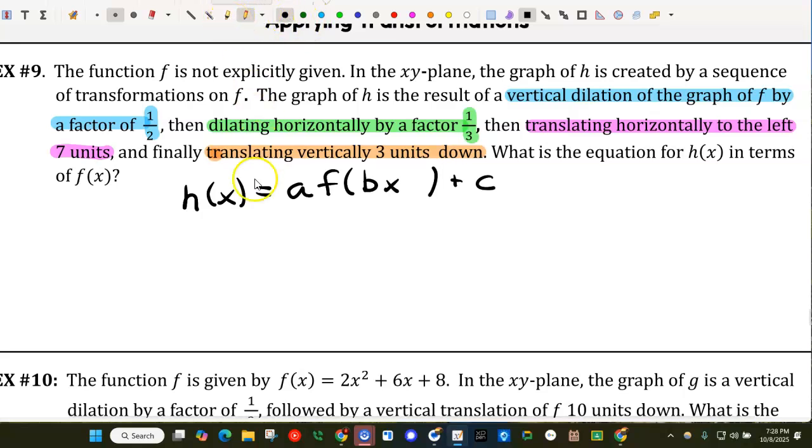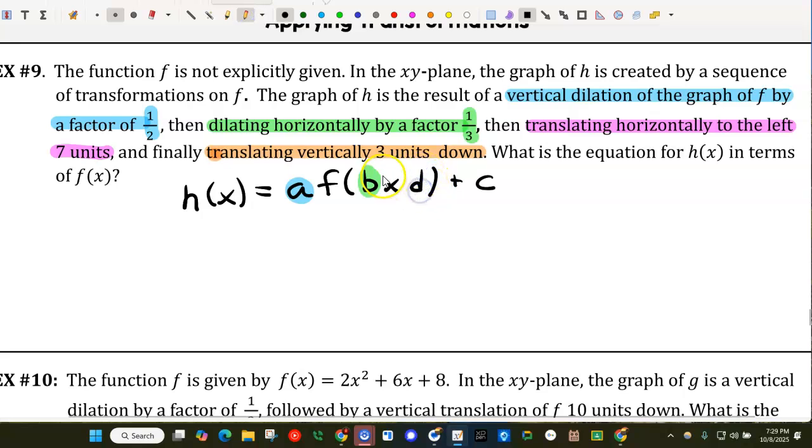All right, so which of these 3 will do that? That's going to be right here, A. And then we have a horizontal dilation of factor of 1/3. So it's horizontal, so that's on the inside. And we're going to translate horizontally to the left. Now also horizontally to the left. So we are going to have a new parameter. Since it's horizontal, it has to be inside the parentheses. I'm going to call that D. I'm going to make this D.